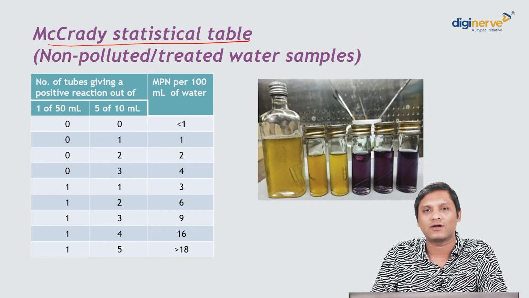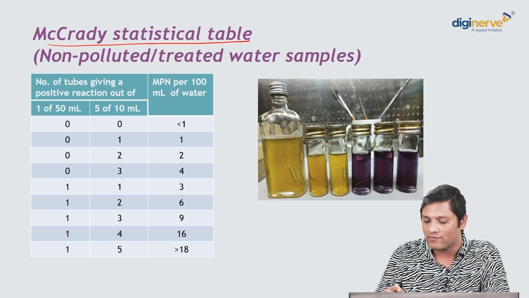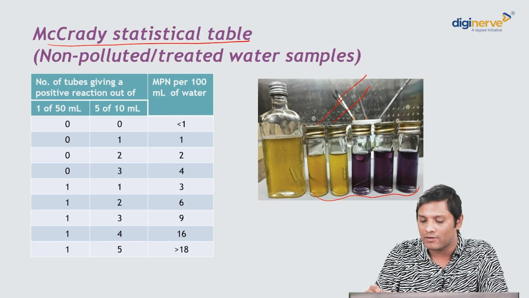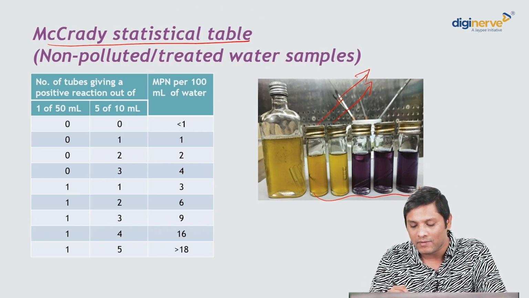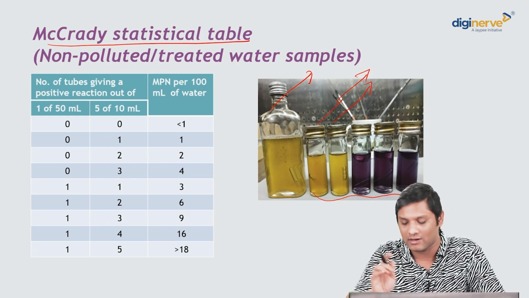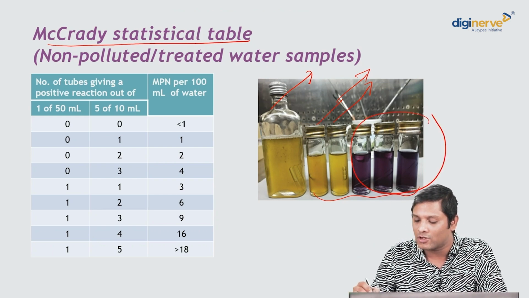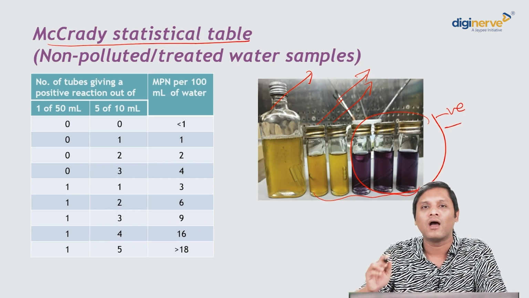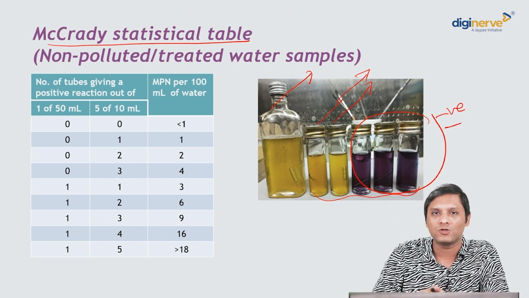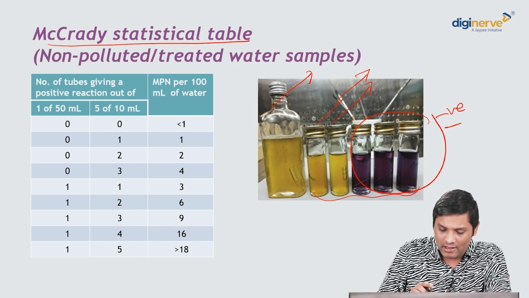You have tested the water sample, and out of the 5 10 ml tubes, 2 10 ml tubes have turned yellow, and 1 50 ml tube has turned yellow, and 3 10 ml tubes remained negative. So we will see what the most probable number is.